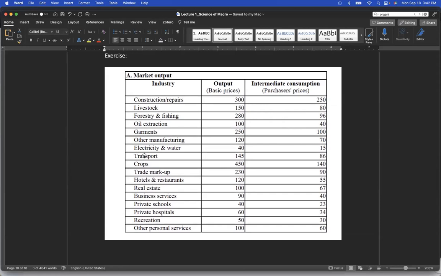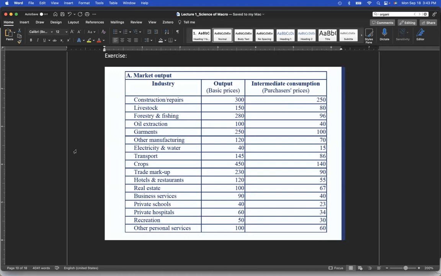Let's say you had this data, and this is already the product of a lot of underlying research, and then someone gives this to you. How would you calculate GDP? For every industry classified, you deduct the intermediate consumption from the output and sum all of them up to get the GDP. Correct. Yeah, that's it.